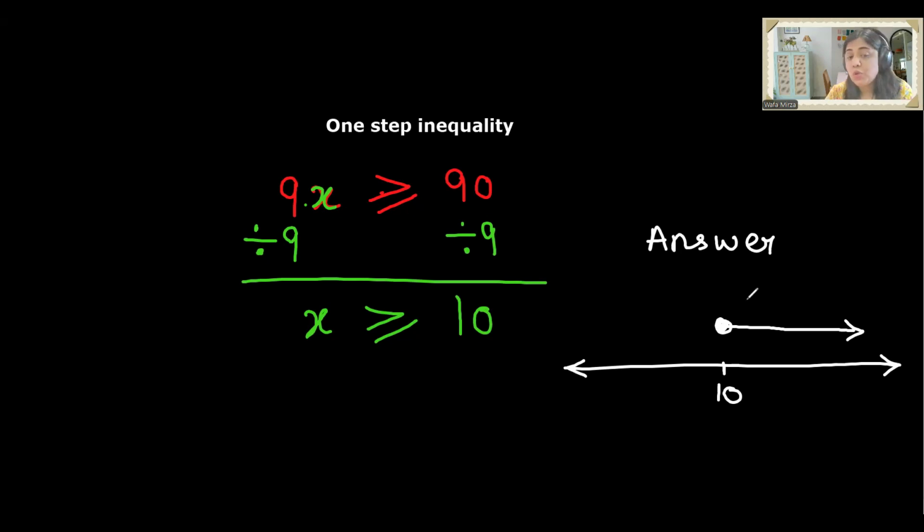In the previous question also I said whenever there will be an equal to sign, you have to put a dark circle. Now how will I write my answer? My answer is starting from 10. 10 is included, so I will use a square bracket. And it is going up to infinity, positive infinity. With infinity, you will always use a small bracket. Right? Okay. Let's see the next question.